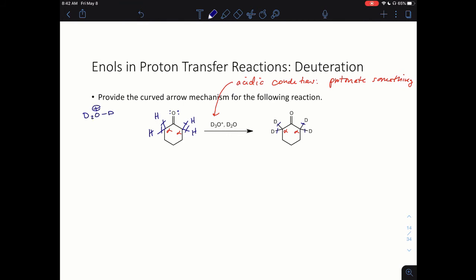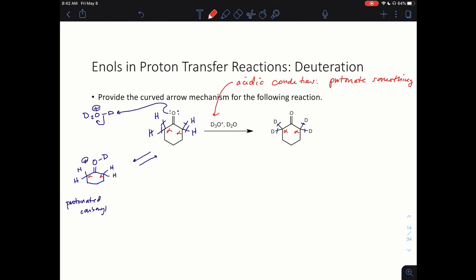Okay, so we're under acidic conditions, we're going to protonate something, and really your only choice is that non-bonding pair of electrons on oxygen. Excellent. So now that we have the protonated carbonyl compound, then we can break the alpha CH bond.